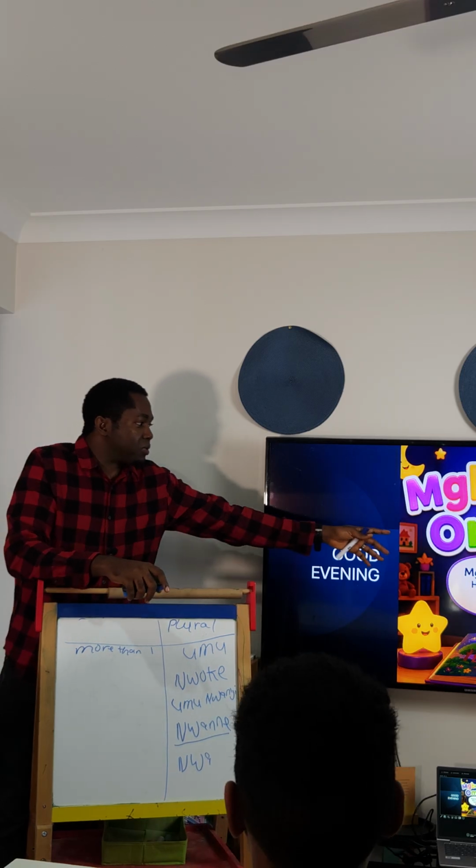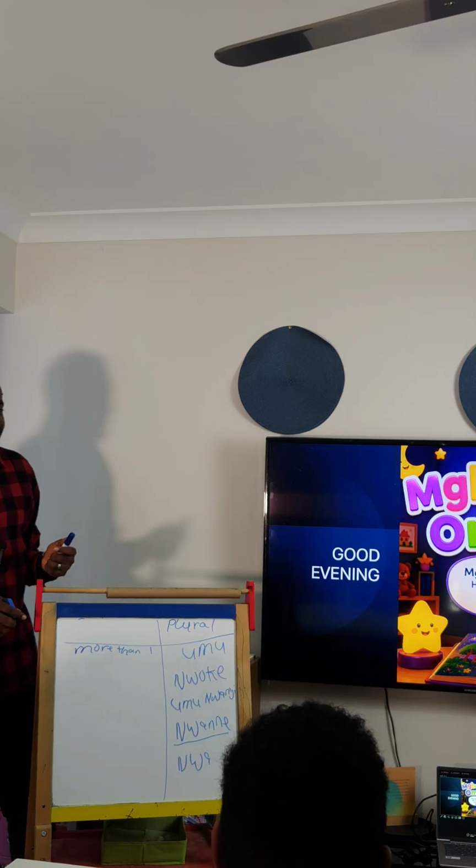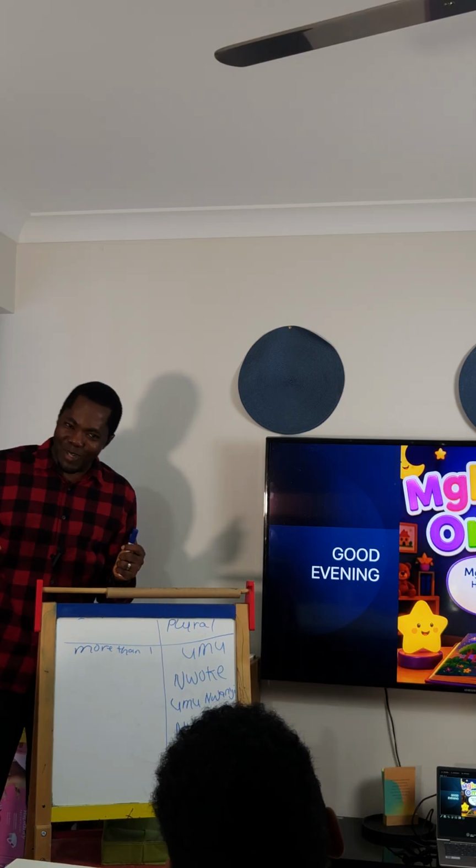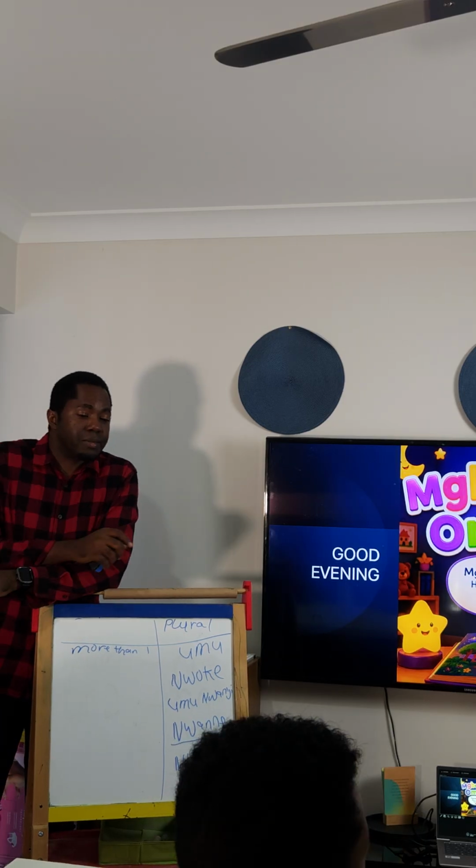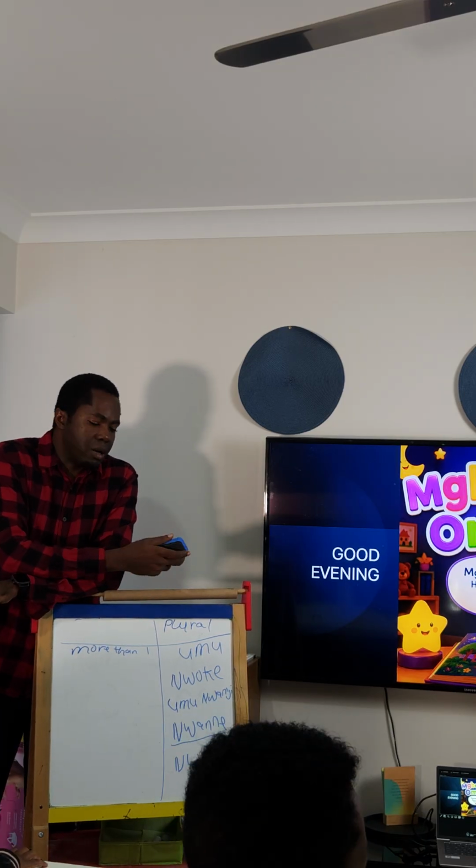Once you can place the positioning at the end, if you're gonna say something is good or somebody is good, you put it at the end. You don't put it like good evening. That is in English. The good comes before the evening, but in Igbo, it's evening good, not good evening. That is if you are translating literally.